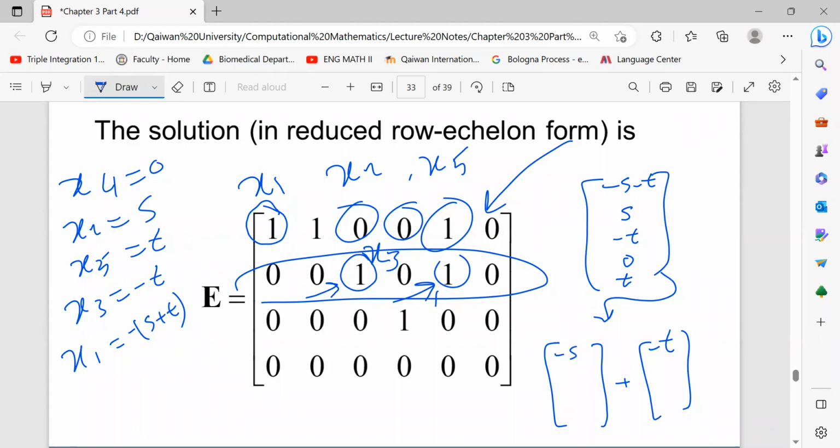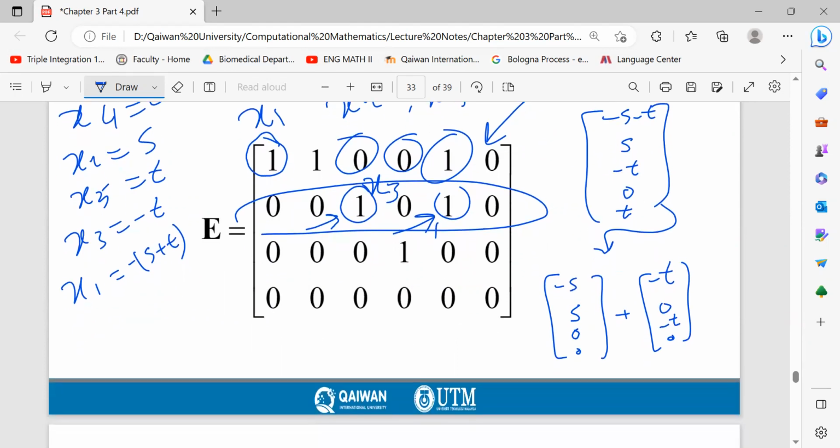And in the second one, it's s and 0. s plus 0 is s. Then for negative t, 0 minus t. We put all t terms together and all s terms together. It's 0, so both are 0. Okay? And t, 0, t. We have these two vectors.